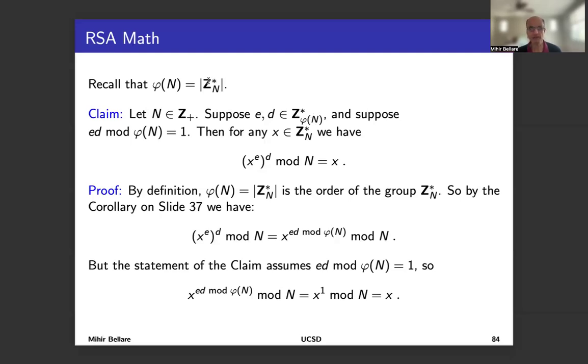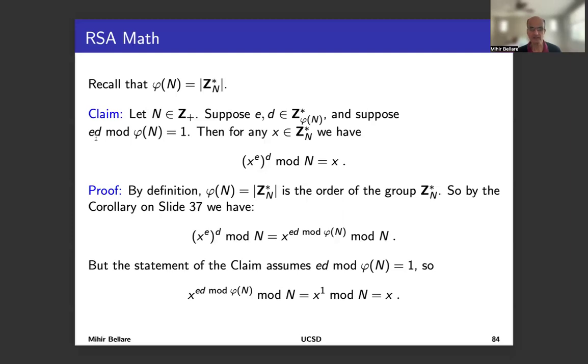RSA is going to look at both the set Zn star, or this group, and this group. Here I'm picking two numbers, E and D, which belong to this group. The names stand for encryption and decryption, and they're both what are called exponents. But even in this group, they're not arbitrary.